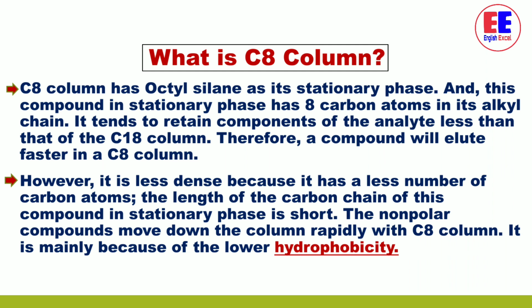Therefore, a component will elute faster in a C8 column. However, it is less dense because it has a smaller number of carbon atoms. The length of the carbon chain of this compound in the stationary phase is short. The nonpolar compounds move down the column rapidly with C8 column. It is mainly because of the lower hydrophobicity.